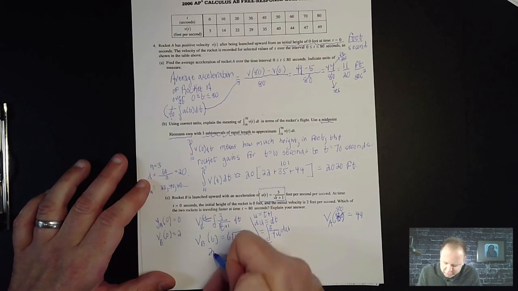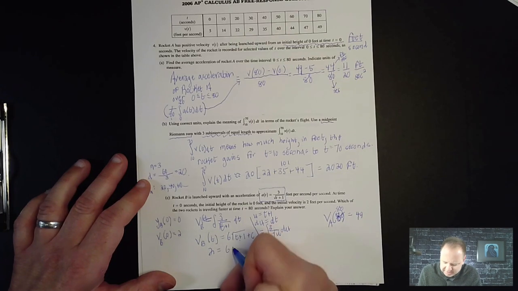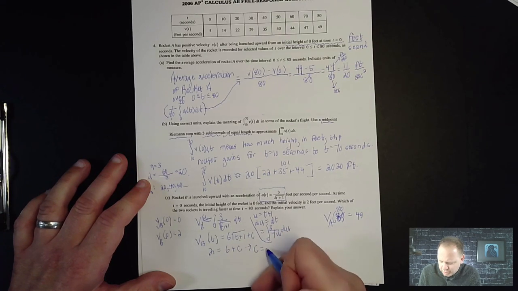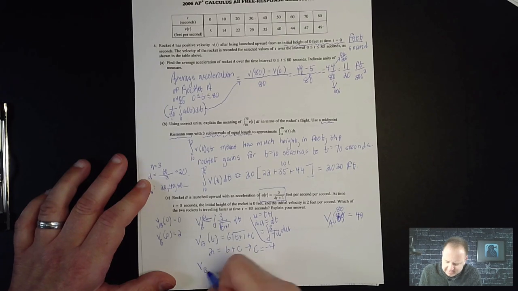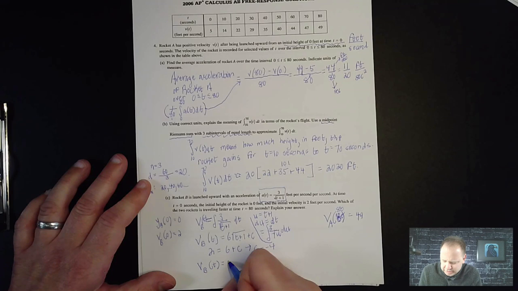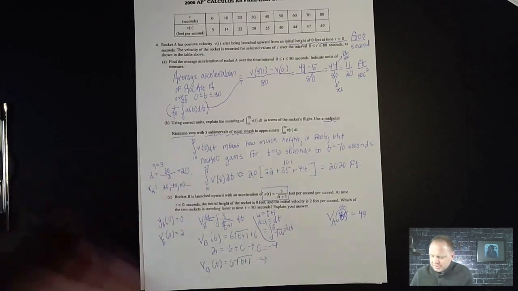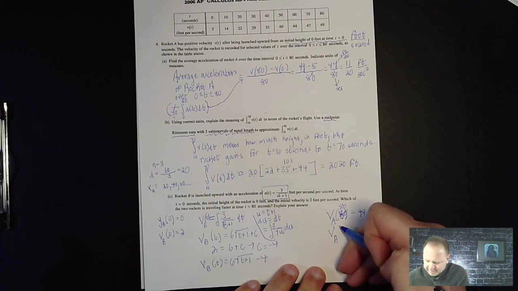So the velocity at 0 is 2, so that would be 0 plus 1 is 1, so that would be 6 plus c, so that means my c is equal to negative 4. So my velocity of rocket B at any time t is equal to 6 root t plus 1 minus 4.